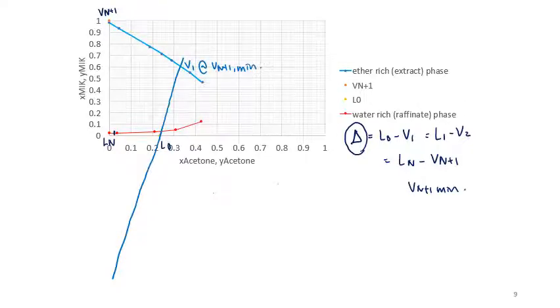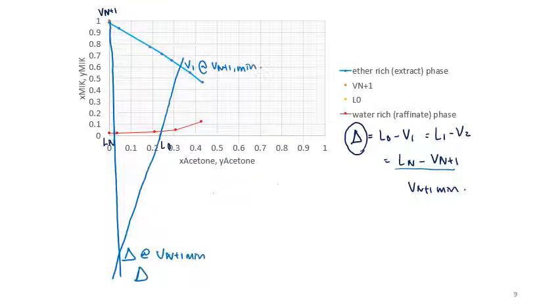Then the next thing is that the operating point is also equal to Ln minus Vn plus 1. So I connect the points Ln and Vn plus 1, and extend the line such that I can get this delta at Vn plus 1 minimum, or delta minimum.